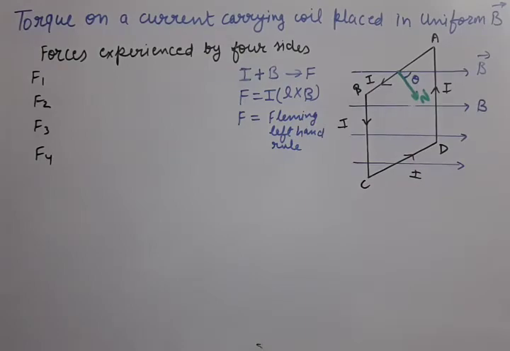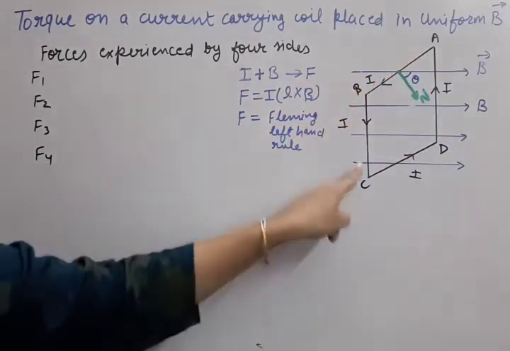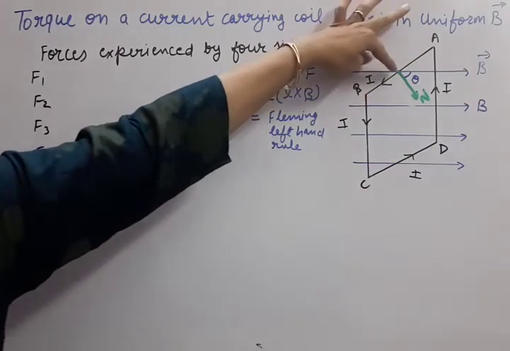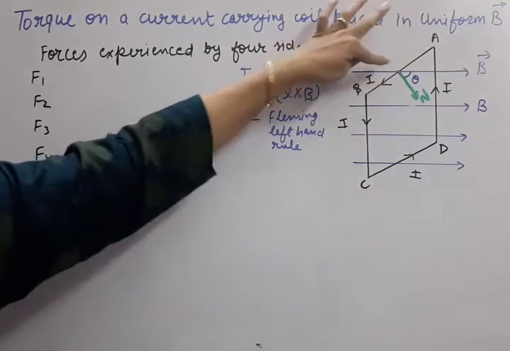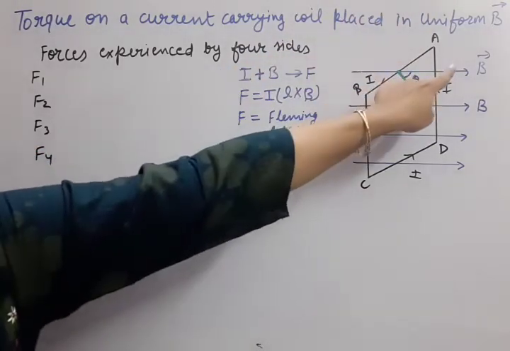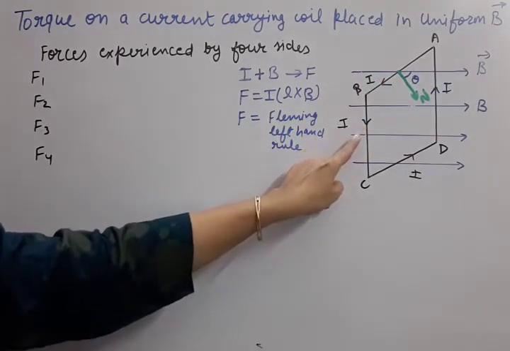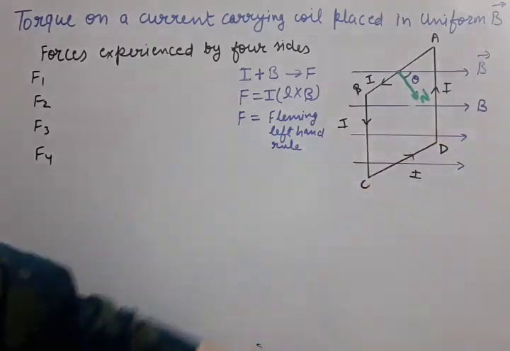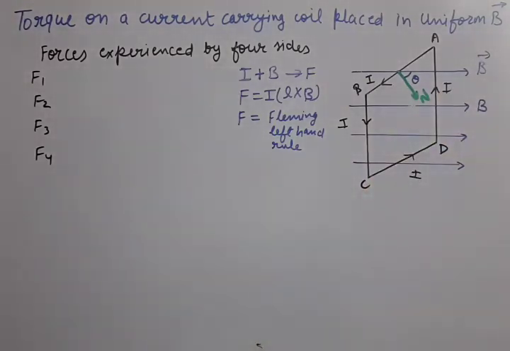Because in the coil there are 4 sides, each side will experience a force due to this combination. I is there, B is there. Here also I is there, B is there. Because everywhere the I plus B combination is there, each of the 4 sides is going to experience a force.